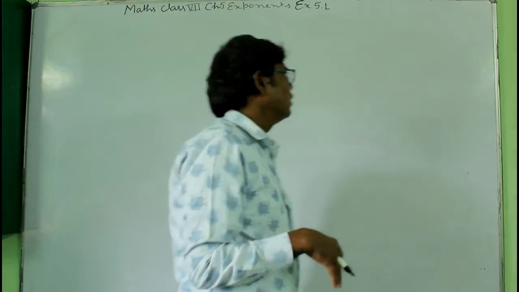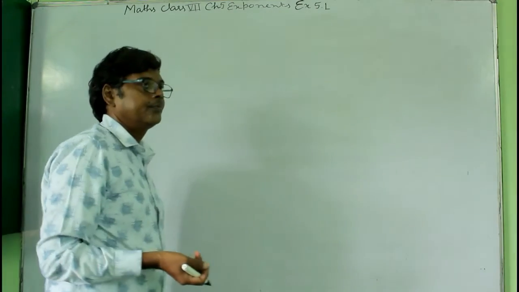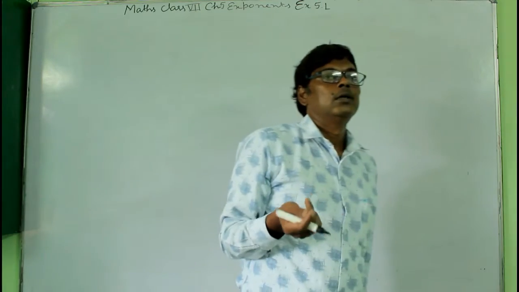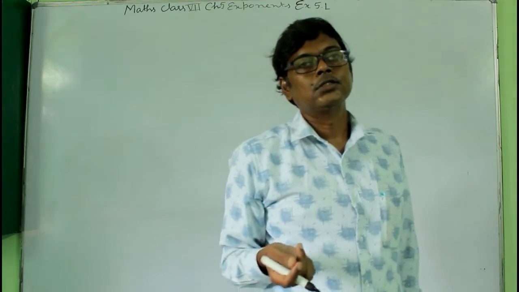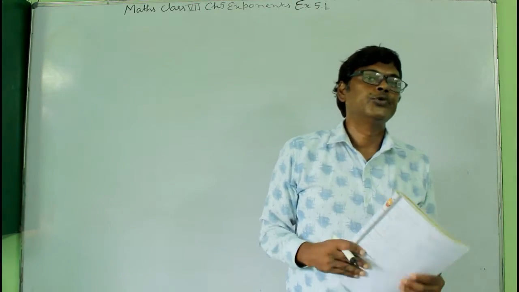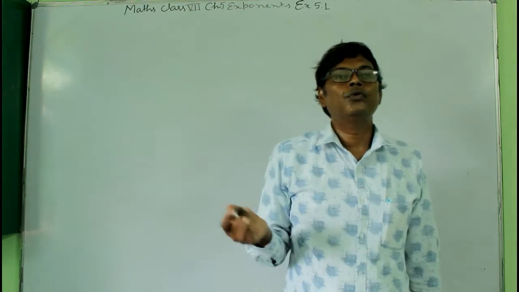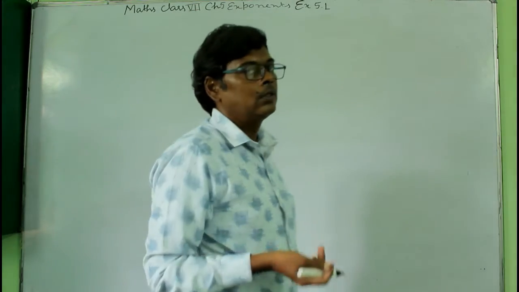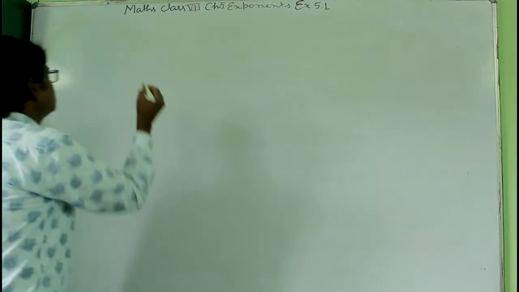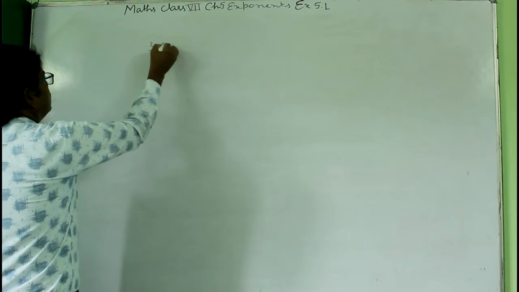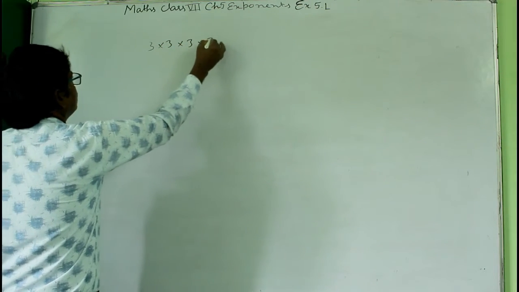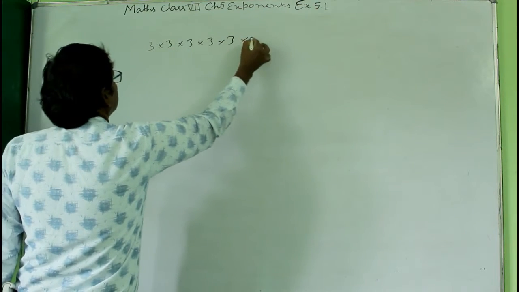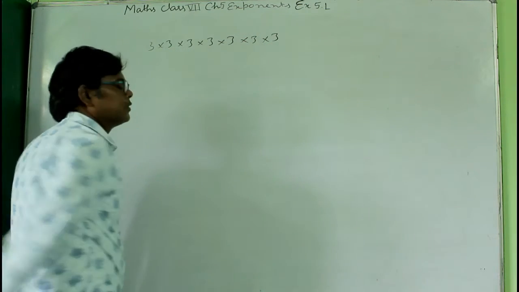For example, if you want to multiply a number, suppose the number is 3, and you want to multiply 3 ten times or seven times, then you will write 3 into 3 into 3 into 3 into 3, and so on, suppose 7 times.